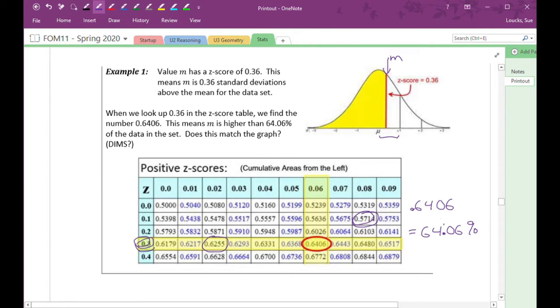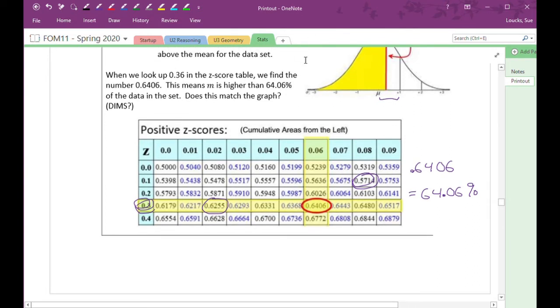And I will get you a copy of the Z-score table. I will post one. Now, does this number make sense? 64.06%. If I look at this, does it look like the yellow shaded area here is 64% of the total area under the curve? And yeah, that's quite reasonable. Okay, so that does make sense.